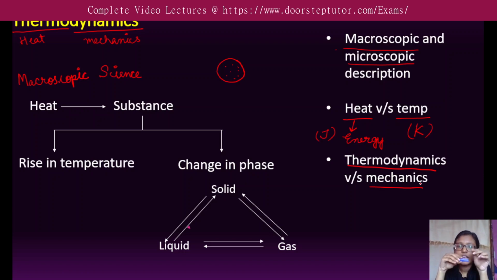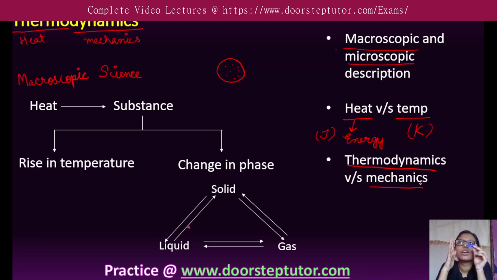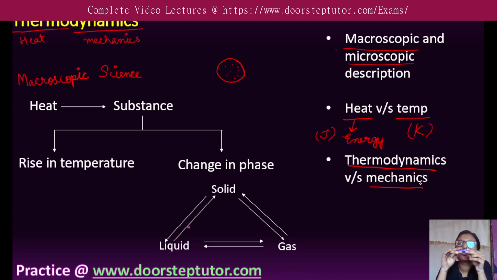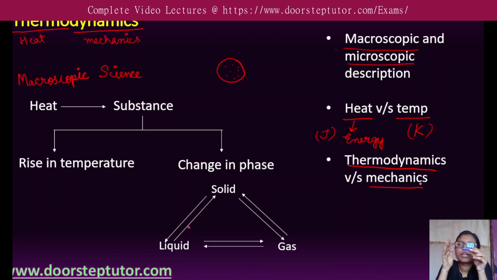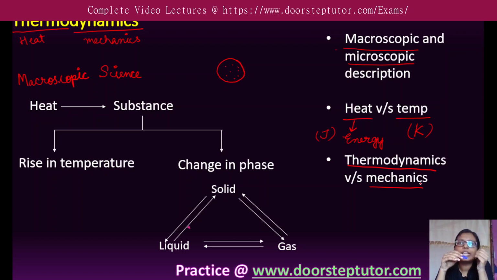Whereas, let's say now this bullet strikes a wooden block. What will happen? As it strikes the wooden block, all of its kinetic energy will get converted into heat, and the temperature of the bullet as well as the outer layers of the wood will increase.